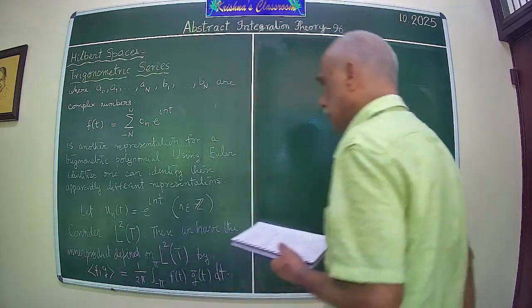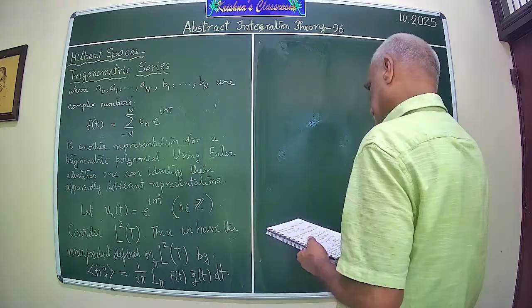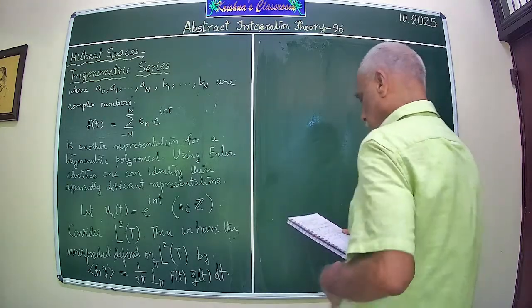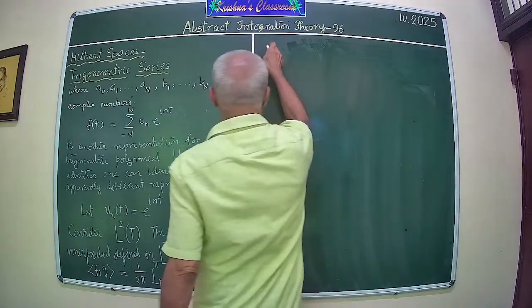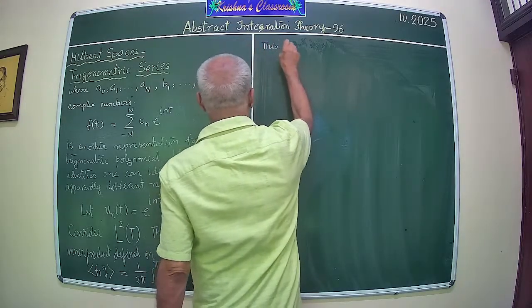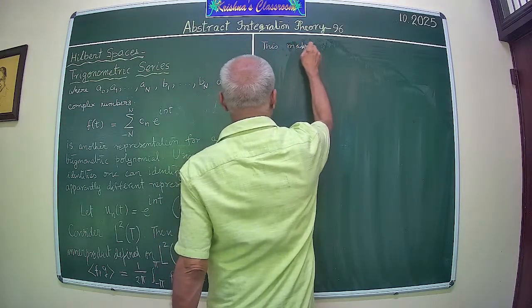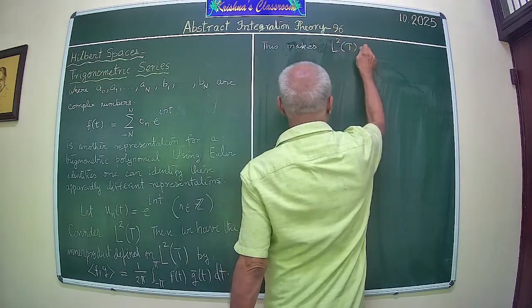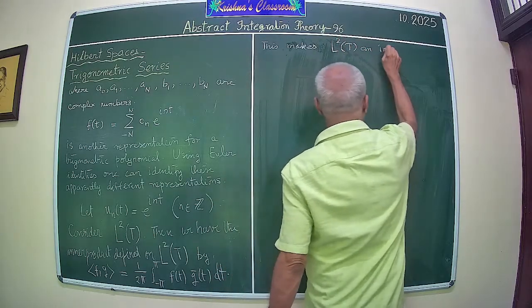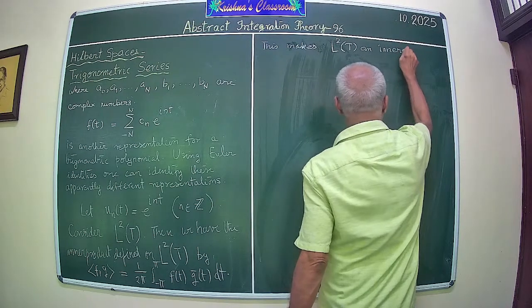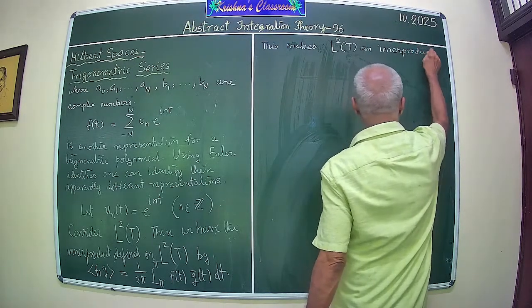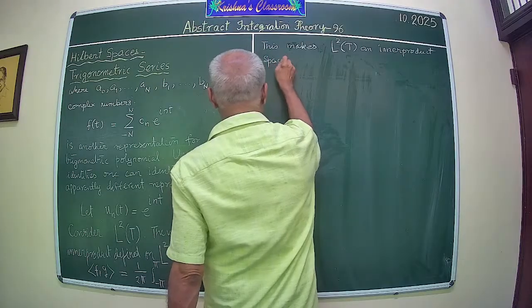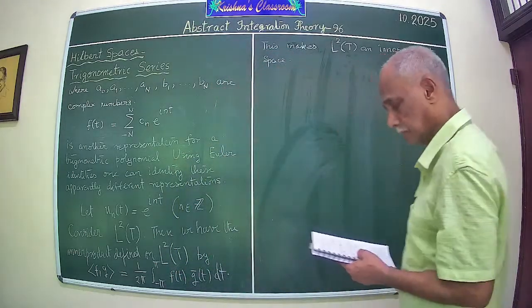So this makes L2T an inner product space, with this inner product.